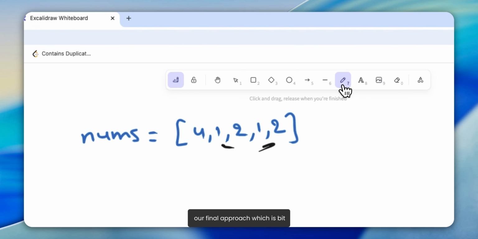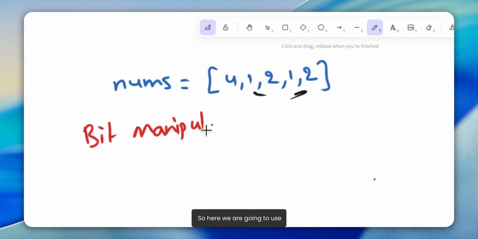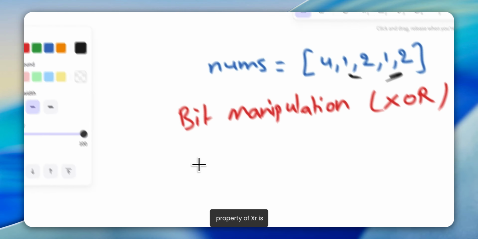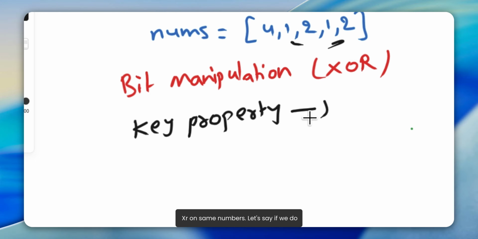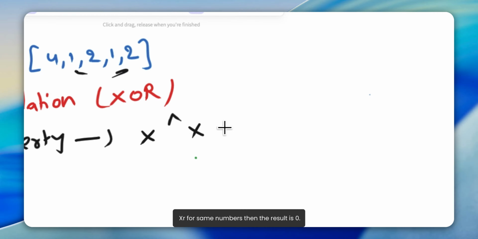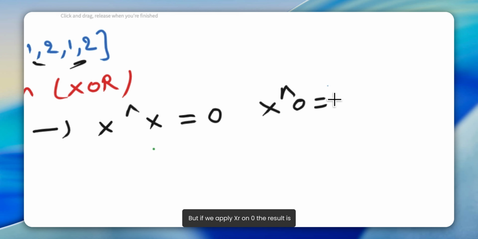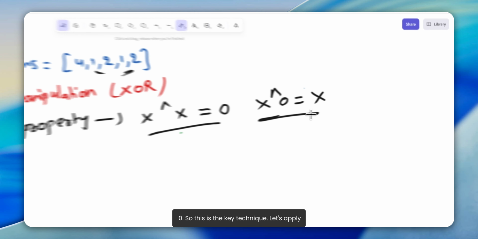Let's talk about our final approach, which is bit manipulation. Here we are going to use XOR. The key property of XOR is, if we apply XOR on the same numbers, the result is 0. But if we apply XOR of x with 0, the result is x. This is the key technique.